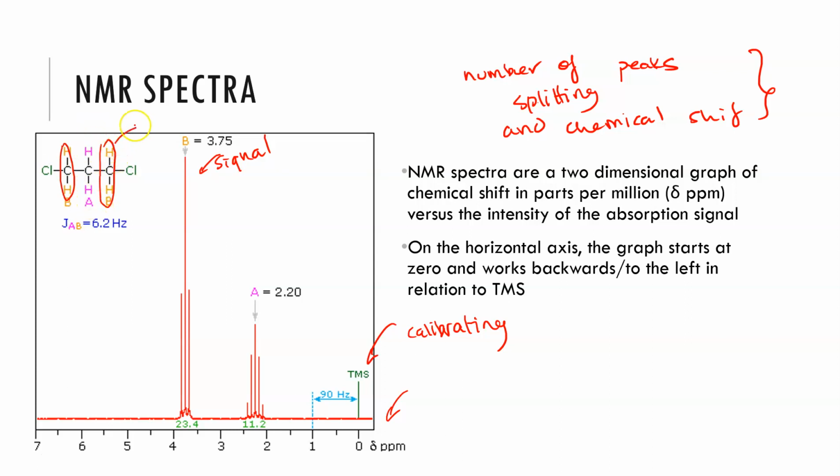So this is one environment for protons, and this is another environment for protons. We can only see the protons in a molecule, so we do not see the chlorines in the spectrum. So we can see that there are two environments, two sets of peaks on our spectrum. One is what we refer to as a triplet, one a quartet, and we will talk about splitting in our next video.